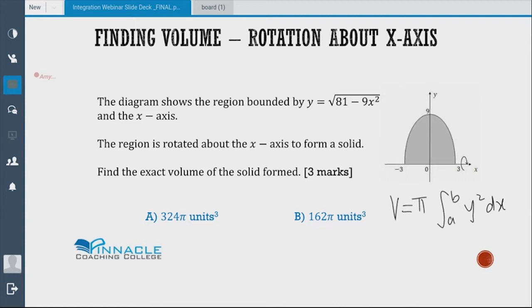So for those who missed the answer, if you can't see the slide, A is 324 pi, B is 162 pi.